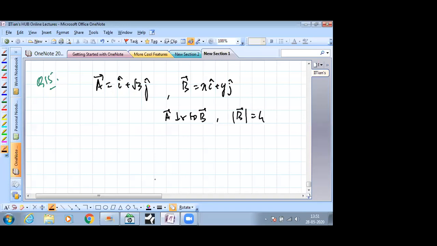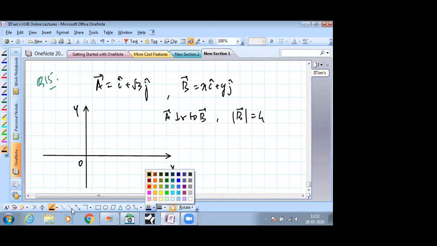So the best way is to try and understand this from geometry or from the diagram. So if you draw the vector A over here, yes, the magnitude of A is 2. And what about the direction? It is such that this angle is 60 degrees. You can see the magnitude is 2, but this angle is 60 degrees.